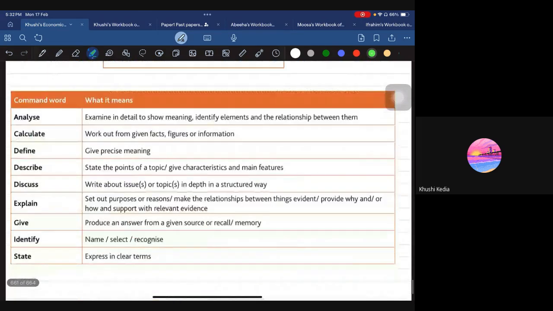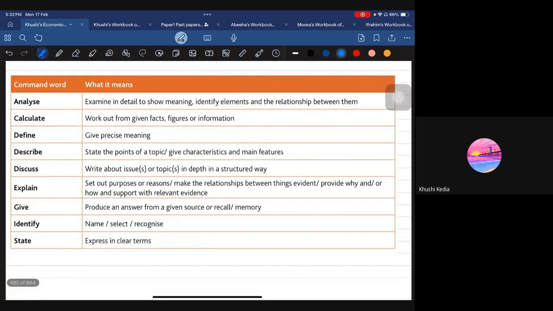Now, Kushi, just one last activity before we end the class. Analyze, which assessment objective? Three? No, two, sir. Yes, it is two, to analyze. Calculate, A1. Define, A1.